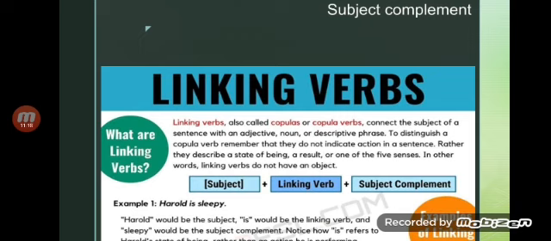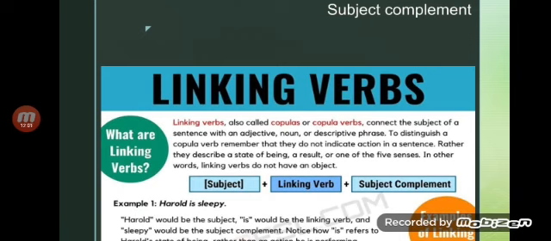So what are the linking verbs? Another name for the linking verbs is copula verbs, and they connect the subject of a sentence with an adjective, noun or descriptive phrase. In order to distinguish a copula verb, remember that they do not indicate any action, rather they describe the status of being, a result, which is related to the status verb, and on the other hand the five senses, which are the sense verbs, and I have categorized them as well.